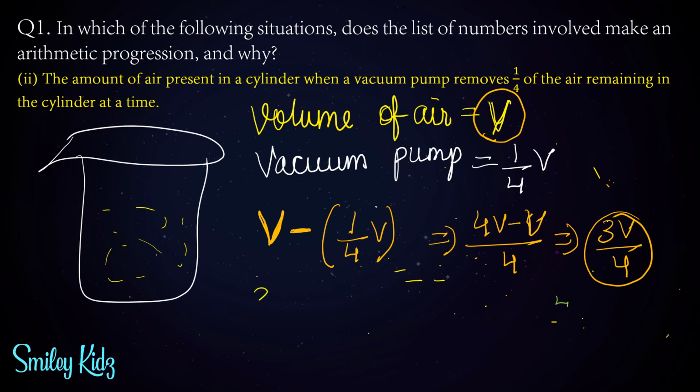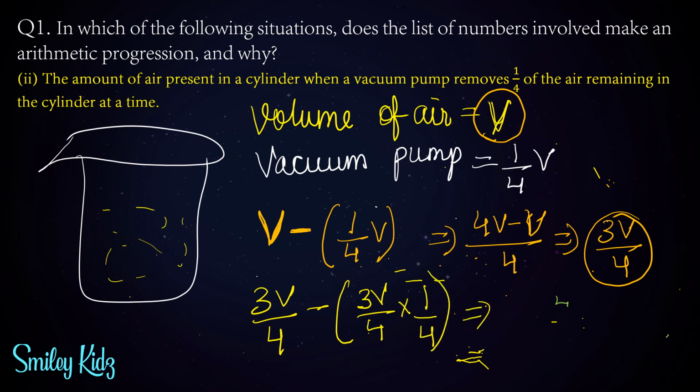Now the remaining volume is 3V upon 4. Now in this 3V upon 4 again 1/4 of the air is removed, right? So it's going to be 3V upon 4 into 1/4.